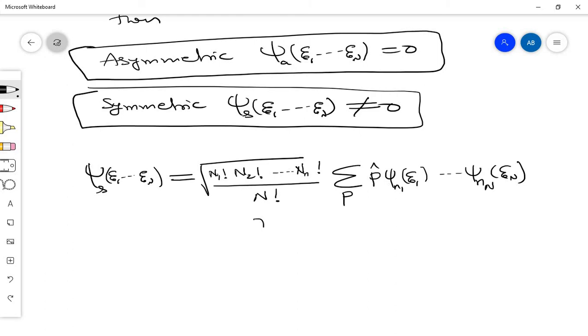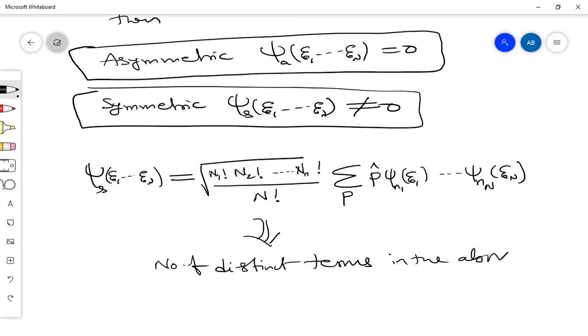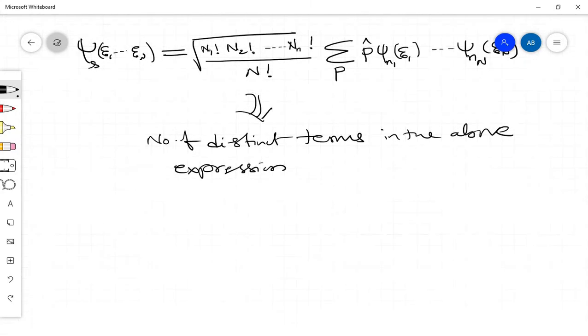Then how many terms will there be? The number of distinct terms in the above expression, not taking the repeating terms, will be n factorial divided by n1 factorial, n2 factorial and so on, nn factorial. Suppose none is repeating, then it is simply n factorial.